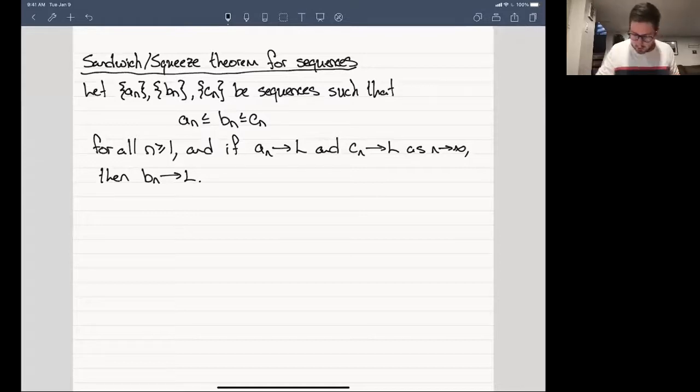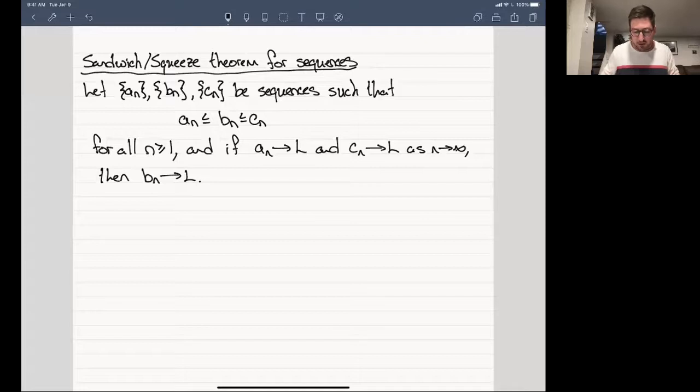Now, the reason that some people call this the two policemen theorem is that you can think of this, or the way it's explained is you have a sort of criminal who's trying to evade capture, going back and forth in between these two policemen, but the two policemen are slowly closing in and pushing you into the jail cell. And so that person who's trying to avoid capture is having less and less room to maneuver, and eventually they're being forced into the cell.